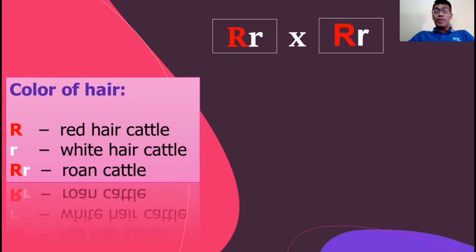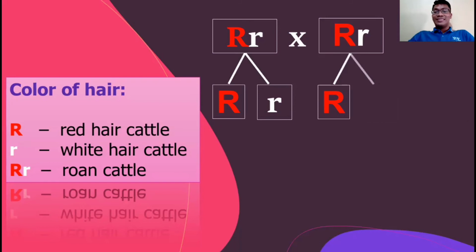Then in the formation of gametes, applying the law of segregation, this will be separated into a capital R and small r. And this can be found in the gametes. When we say gametes again, these are sex cells. So it could be sperm cell for the male or egg cell for the female.